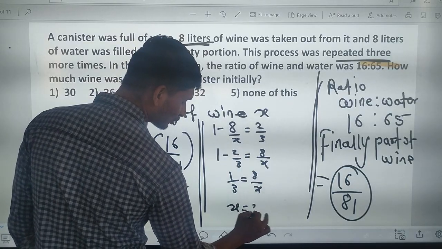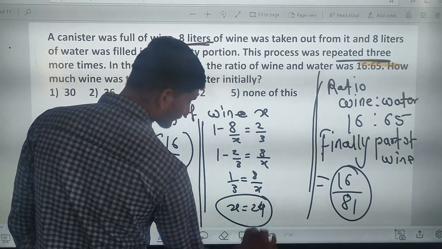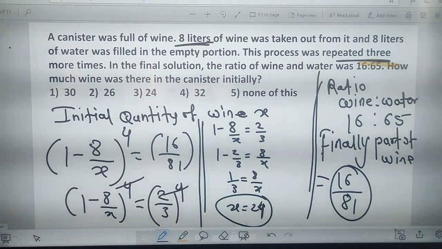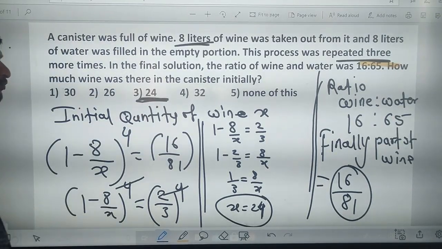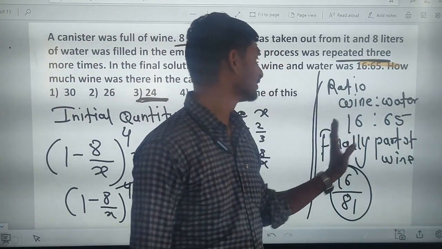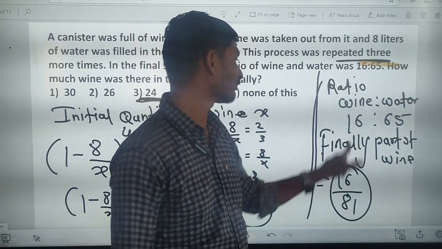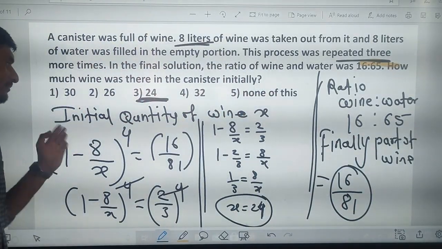Now x is equal to 24. Your answer is, the initial quantity of wine is 24. Here we will find only the final part of wine. Part of wine is 16 divided by 81. Now we write in here.